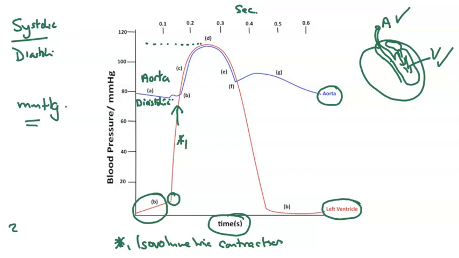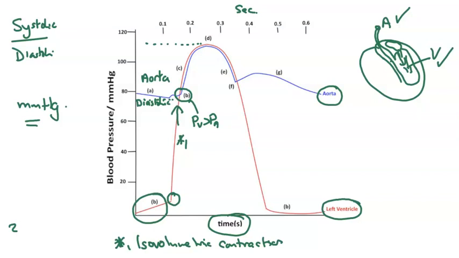Now then we get to this point here, and it's not by coincidence that the red line has now gone above the blue line. So at this point here, what we have is that the pressure in the ventricle is greater than the pressure in the aorta.